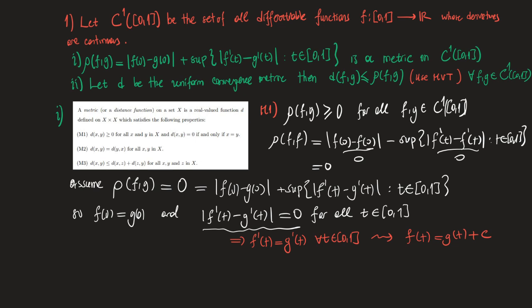But this constant should be 0, because if you plug in 0, then you have f(0) equals g(0) plus the constant. Since f(0) and g(0) are equal, c must be 0. So f and g are equal for every t, meaning they are the same function. So we have just proven the first property.